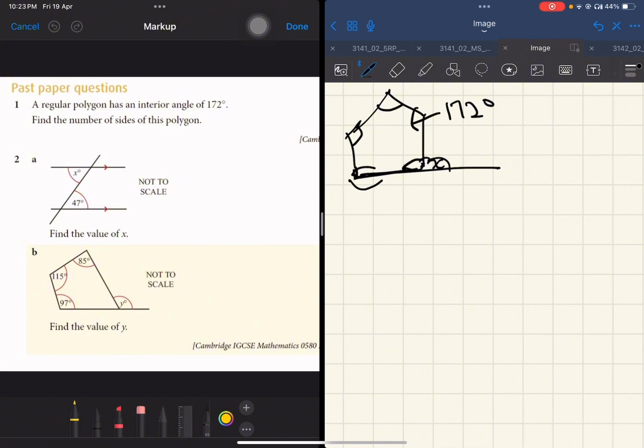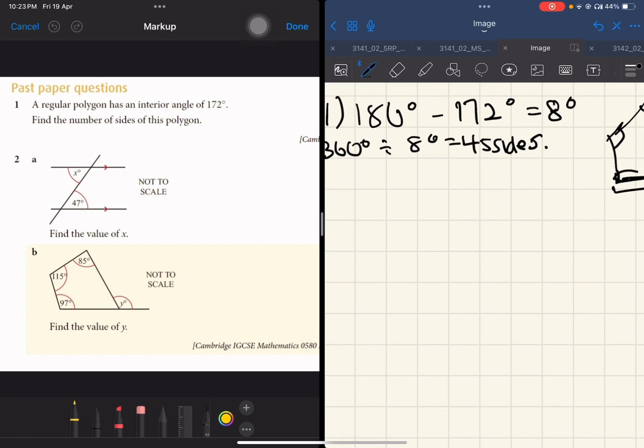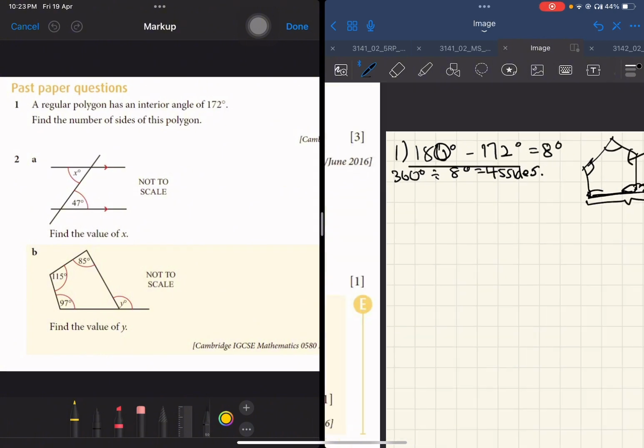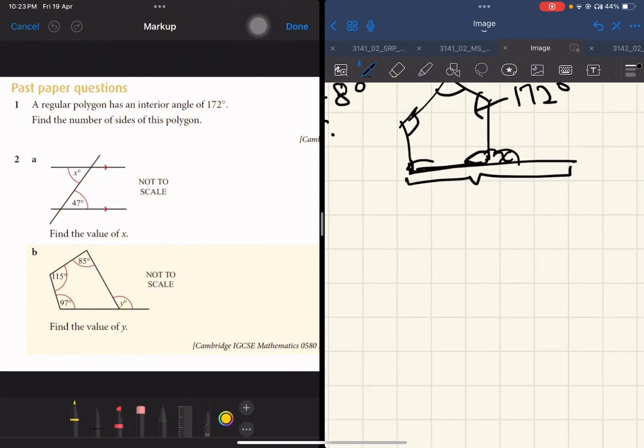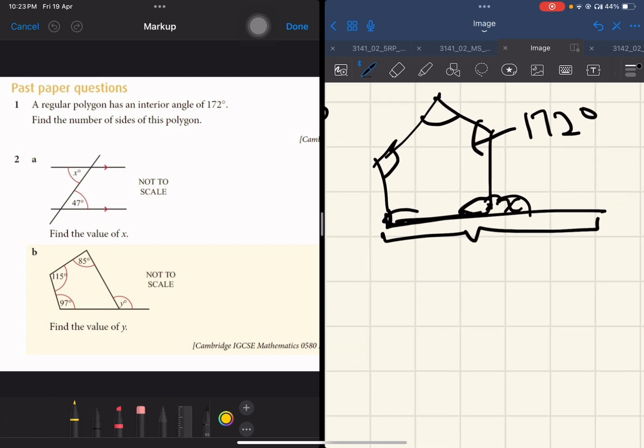As you can see, this is an angle on a straight line. So that's why we're using 180 degrees minus 172 degrees, and that will equal x, which is 8 over here.